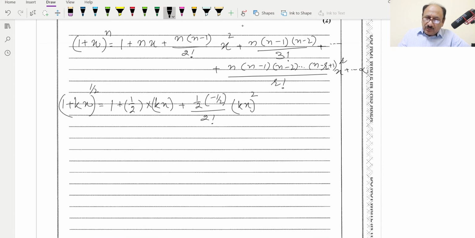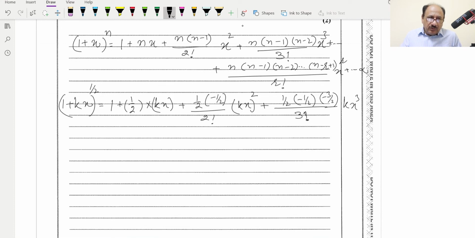Now the cubic term will be plus 1 by 2 into minus 1 by 2 into 1 by 2 minus 2, which is minus 3 by 2, divided by 3 factorial, multiplied by kx cubed. In this we missed x cubed, which we can write over here. So hopefully you are understanding this first step.